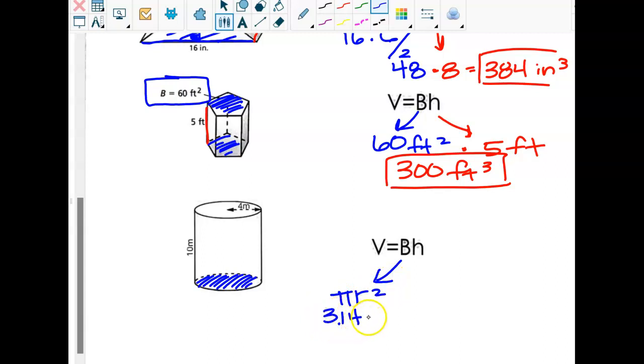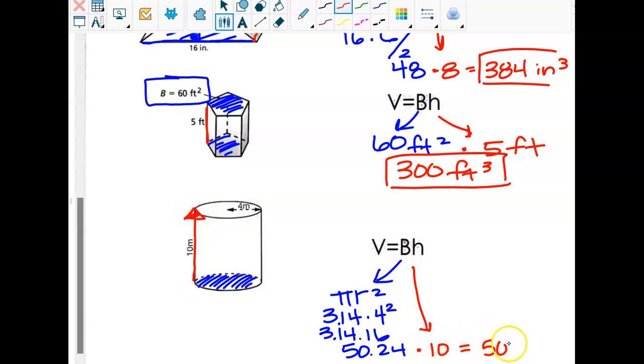So 3.14 times 4 squared. 4 squared is 16, so 16 times pi is 50.24. That's how many cubes would fit on the bottom layer, and then we multiply that by the height of the entire cylinder, which is 10.